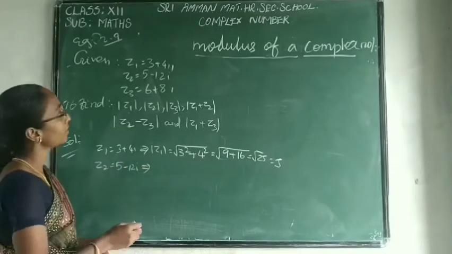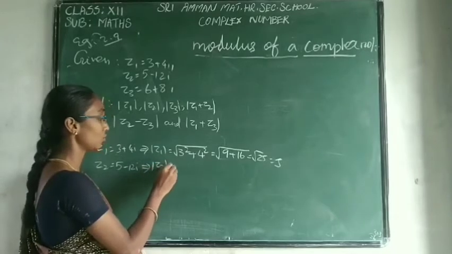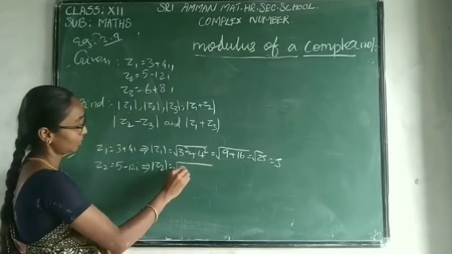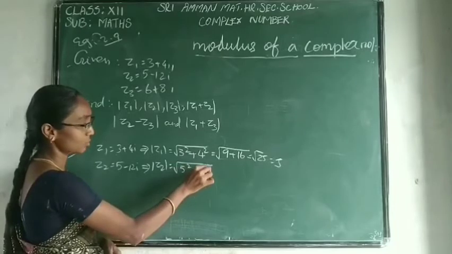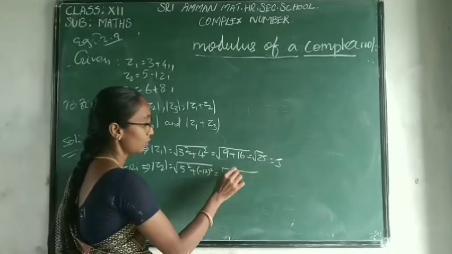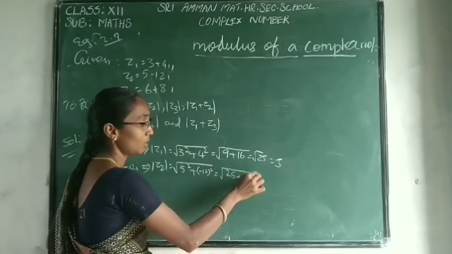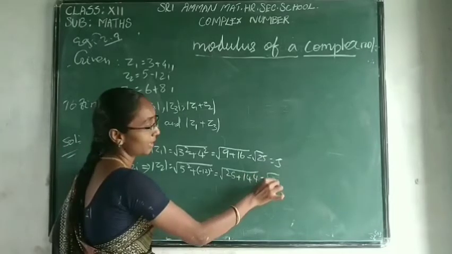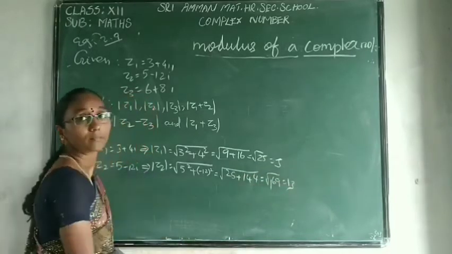We need to find the modulus of z2: root of 5 square plus minus 12 whole square, equals root of 25 plus 144 equals root 169 equals 13.